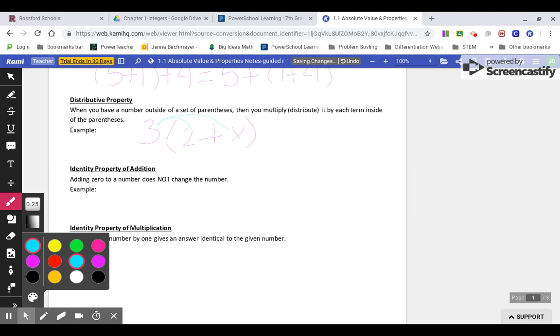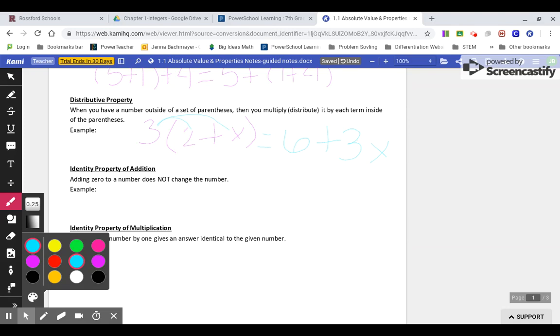So distributive property, I'm distributing it to everything inside of my parentheses. So that means this turns into 6 plus, okay, because we did 3 times 2, plus 3 times x, which would give us 3x. So that is my new answer.